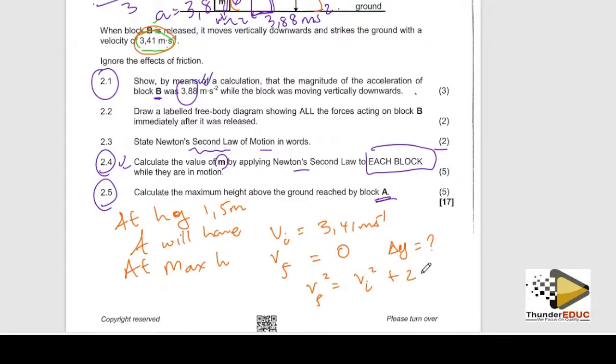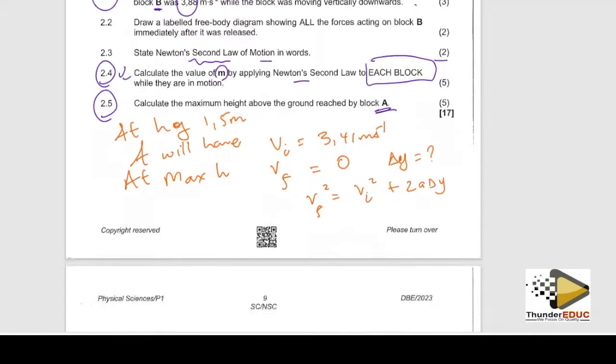I can use A delta Y. When I apply my substitution, we are saying our VF is 0 is equal to the VI, which is 3,41 squared plus 2. Why am I using a plus?